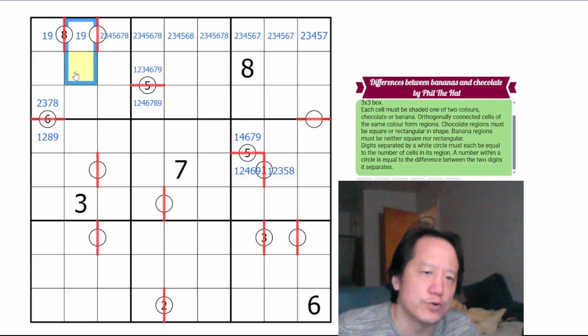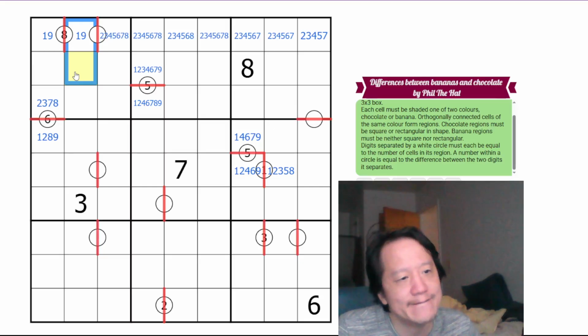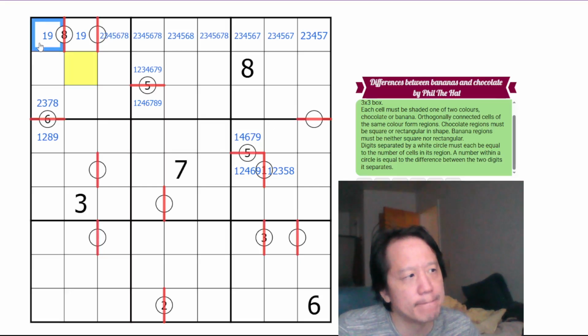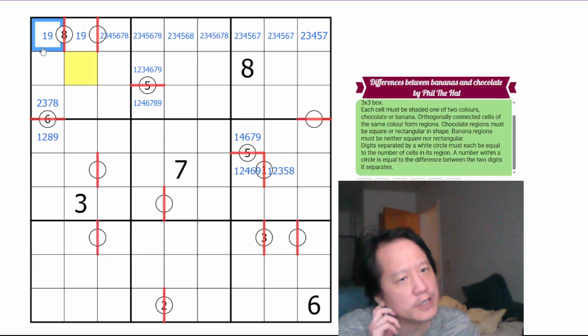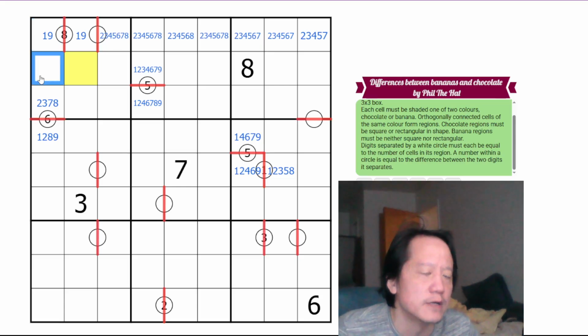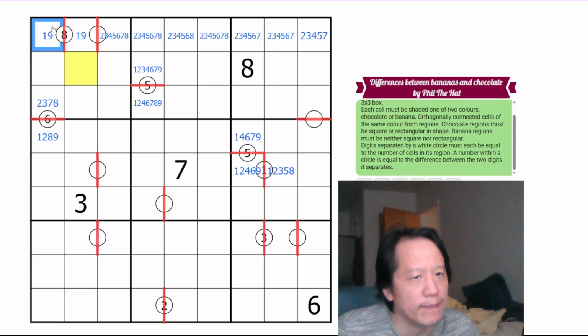So if this were 9... If this were 1, this would be a chocolate, and then this would have to be a banana. If this is 9, this would have to be banana, and this would be chocolate, and this would still have to be banana.